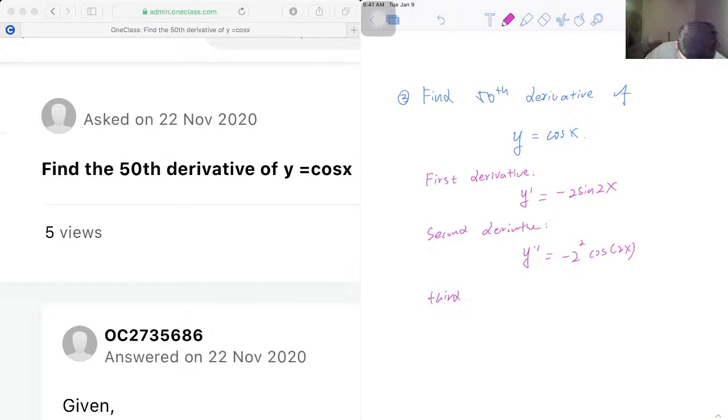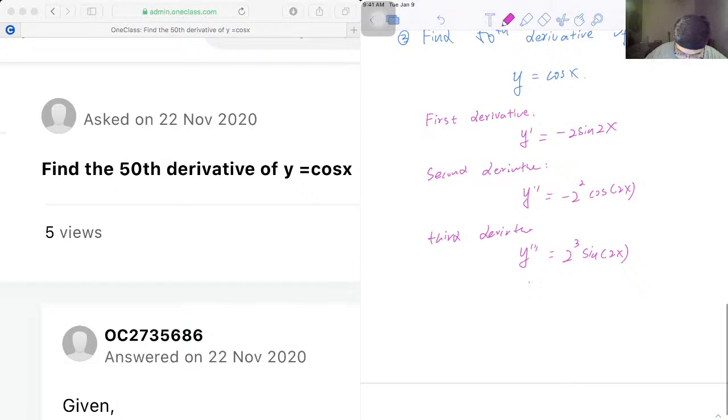Continuing, the third derivative is equal to 2 to the exponent of 3 sine 2x. And you can see the pattern.